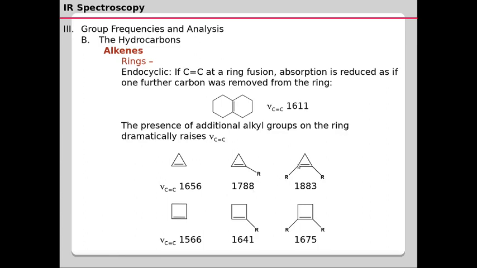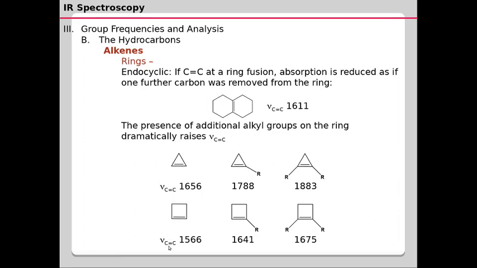So the greater the number of alkyl substituents, the greater would be the inductive electron donating effect onto the carbon-carbon double bond, and that would greatly enhance the force constant and increase the vibrational frequency further.